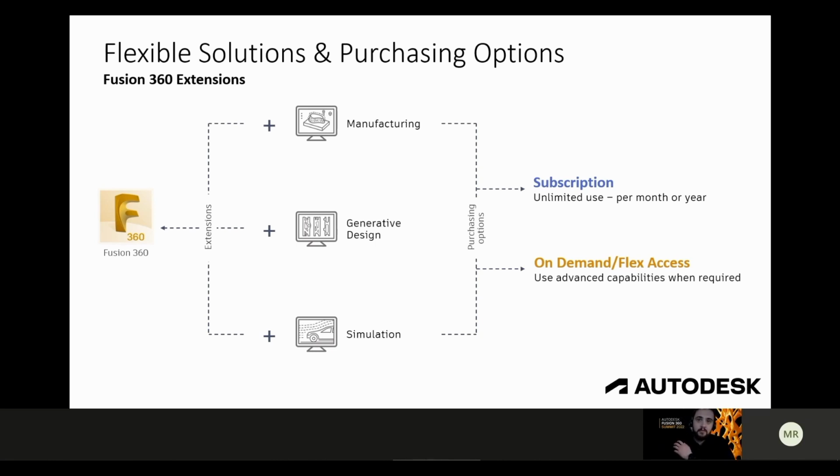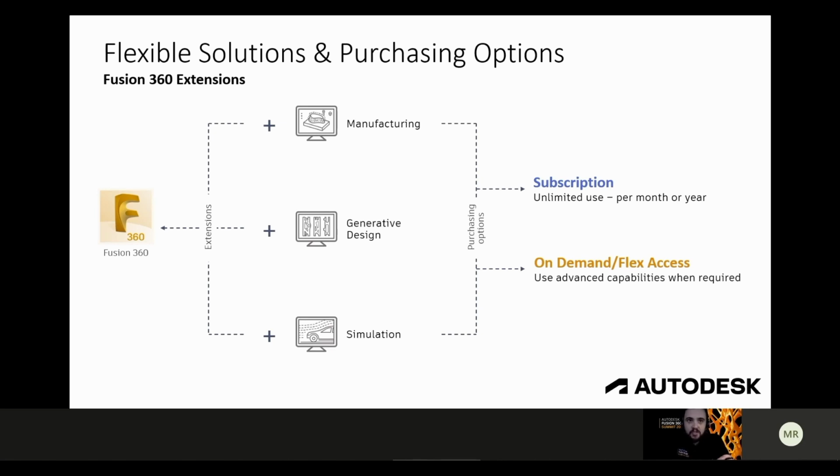So in terms of what solutions we have for you to actually go ahead and purchase these extensions, we have two options for you. We have the on-demand or flex access, which will allow you to purchase tokens, and then when you need to use advanced capabilities within the extension, you can purchase the additional capabilities on an ad hoc basis.